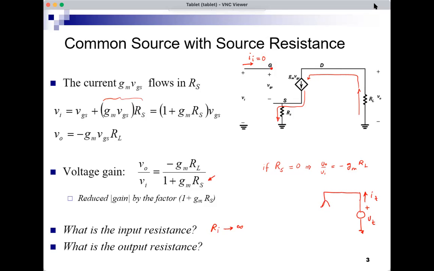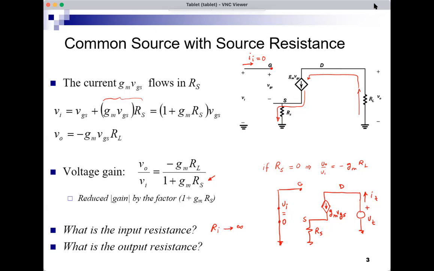This is GMVGS, RS. And when I do the output resistance calculation, I set VI to 0. So there's no VI. I replace the input by 0. And this is the gate, the drain, the source, RS, and GMVGS. And I want V test over I test.